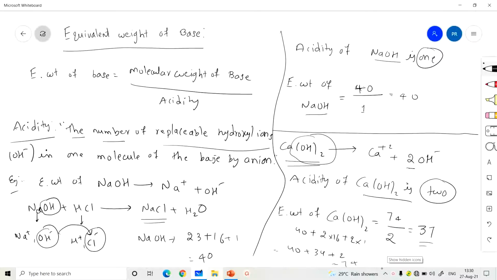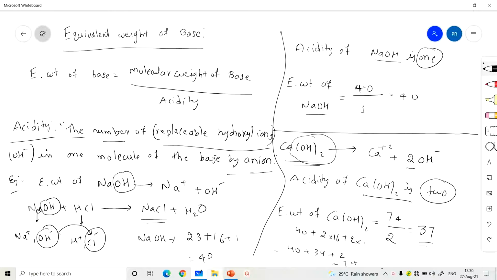The equivalent weight is 37, of calcium hydroxide. So once again, the equivalent weight of base is equal to the molecular weight of base by acidity. Acidity is defined as the number of replaceable hydroxyl ions in one molecule of the base by anion.